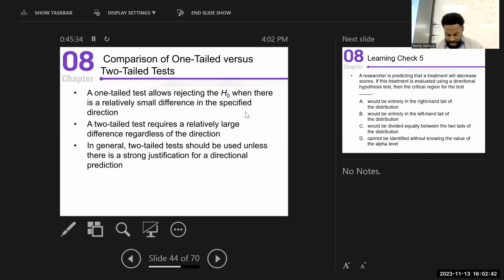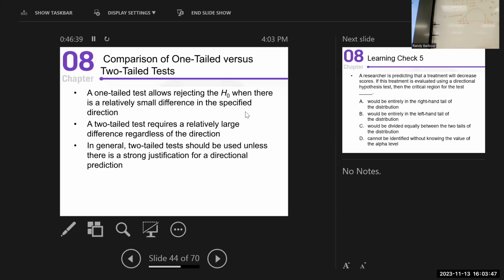Let's do an example. We'll come back to the tail tests.